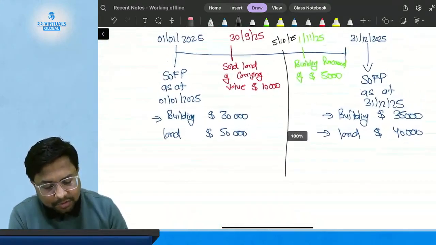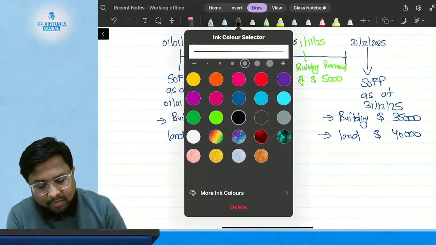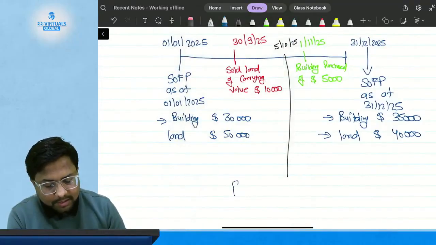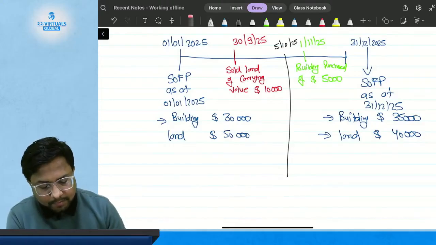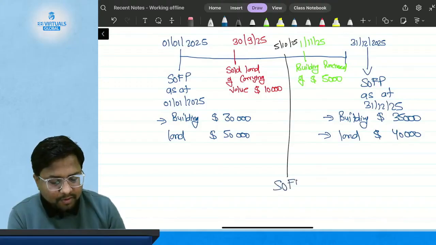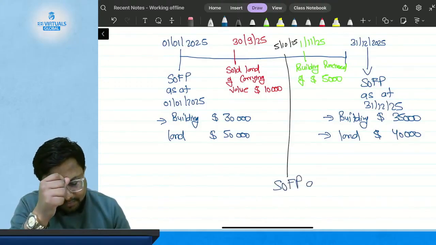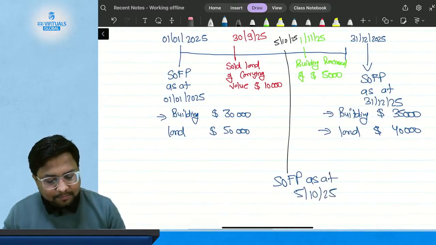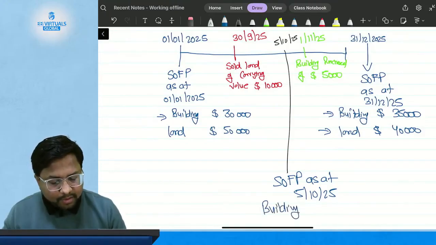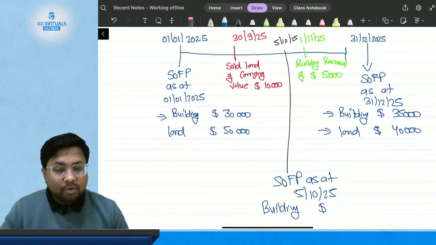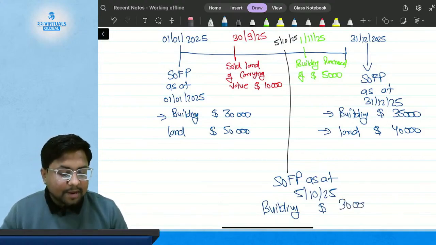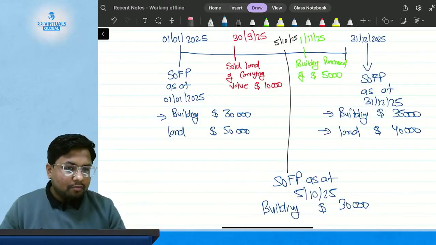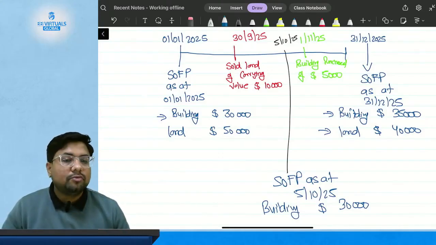So what is my financial position on 5th of October? My statement of financial position as at 5th of October 2025 is that my building will be shown at a value of $30,000, because I am going to purchase the building on 1st of November and I am giving you the financial position on 5th of October.